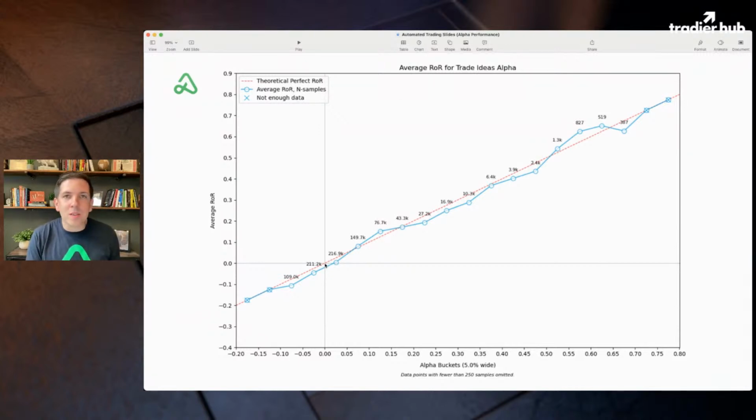What this basically means is that if you found a trade that had a theoretical 0 rate of return, so you didn't make money, you didn't lose money, you just stayed exactly the same, completely 0. If you made that trade over and over and over again using alpha, if alpha said the trade was a 0 expected return trade, then did it actually end up being a 0 expected return trade or not?